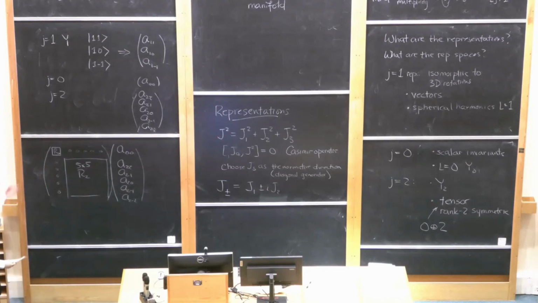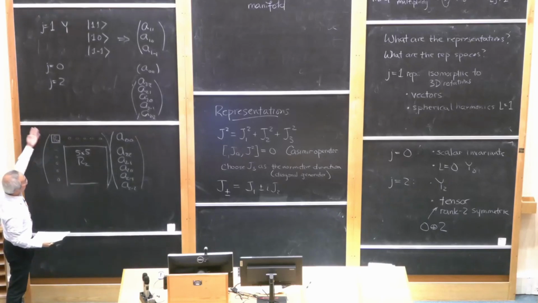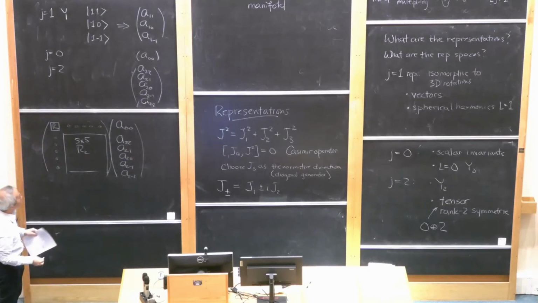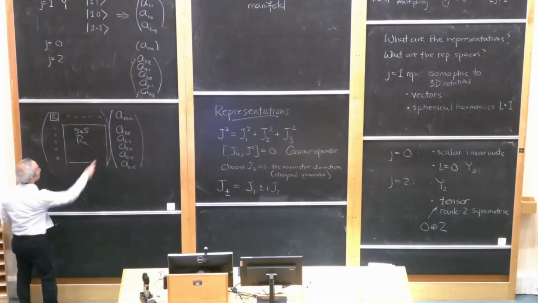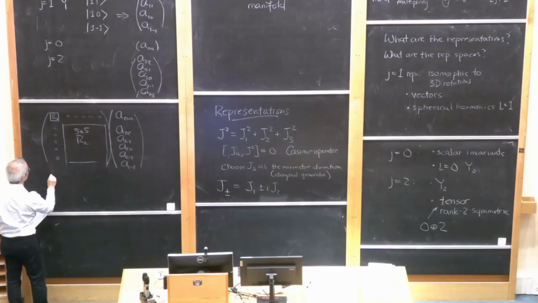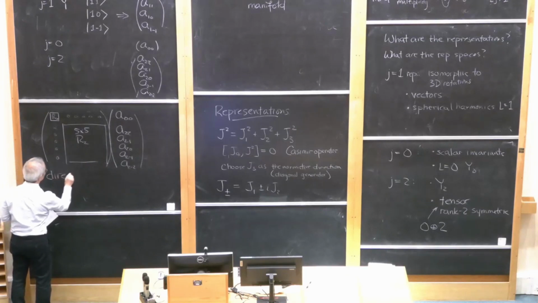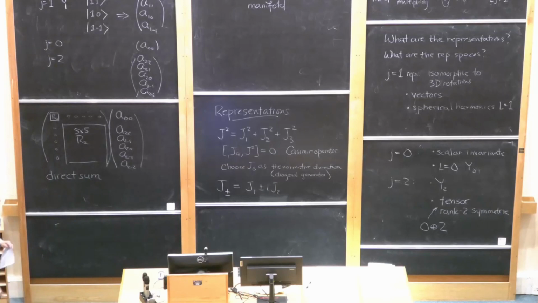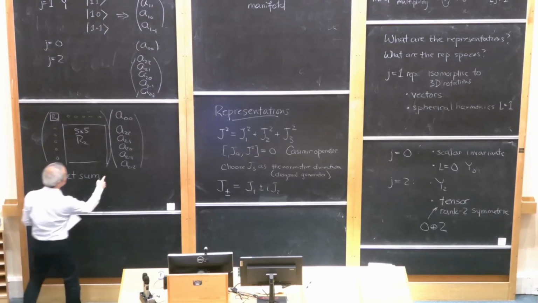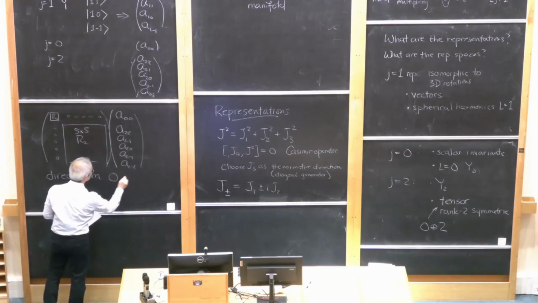So this is actually characteristic of what we would call, well, several concepts. The construction here is actually what we call the direct sum. And that's, in that example, 0 plus 2.